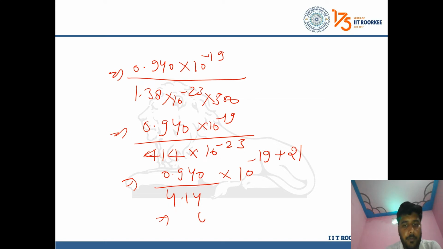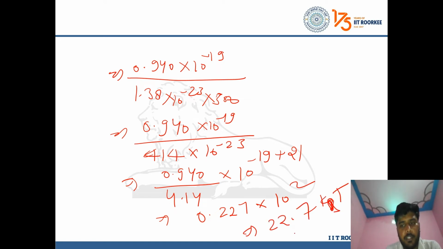That is 0.227 or 22.7 times kBT. Is it clear?